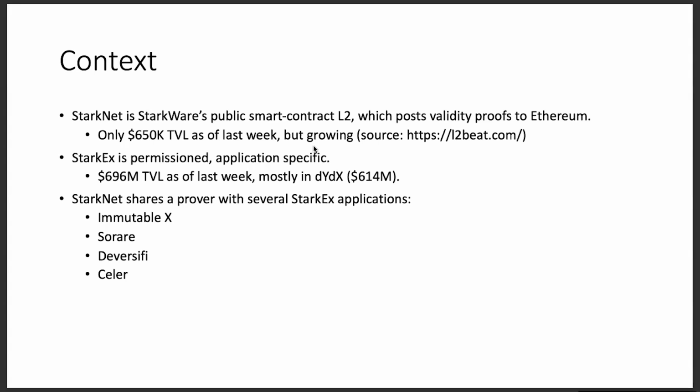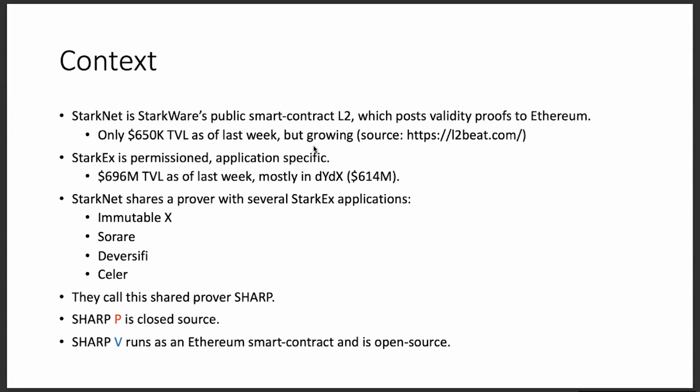There are several other StarkX users, and they turn out to be most relevant for the performance results I'm going to share, because Starkware has StarkNet sharing a prover with these StarkX applications. They call the shared prover SHARP, for shared prover.